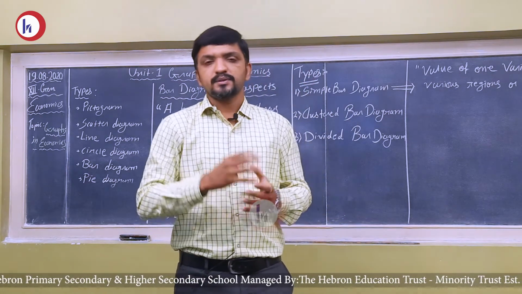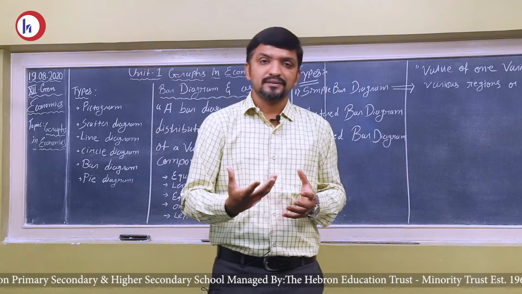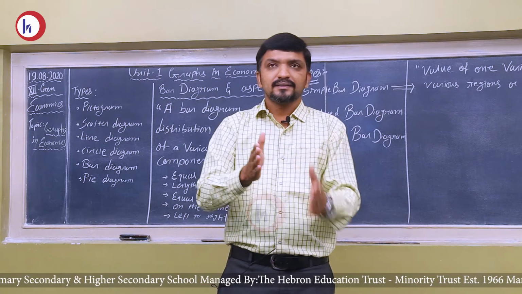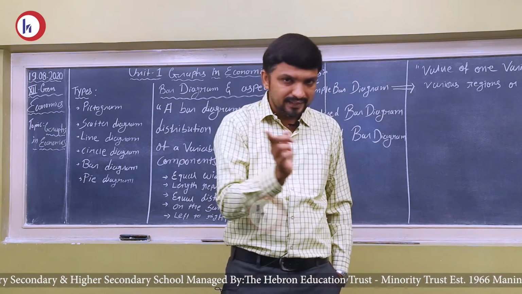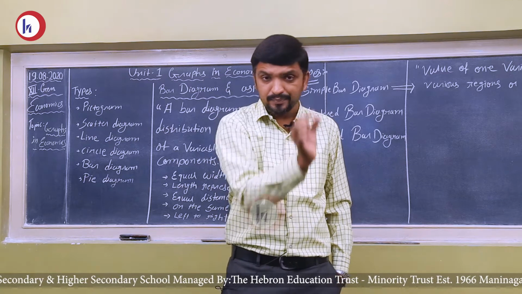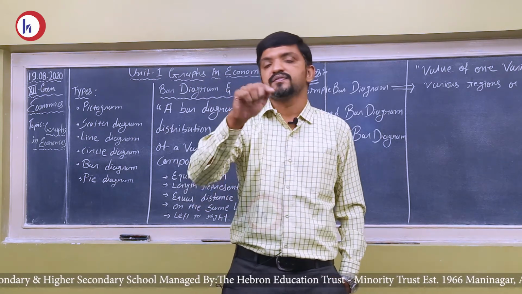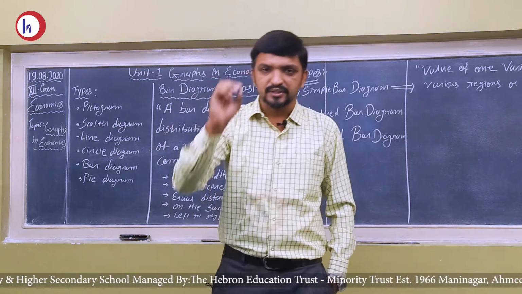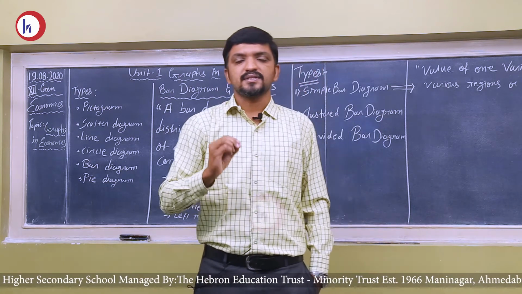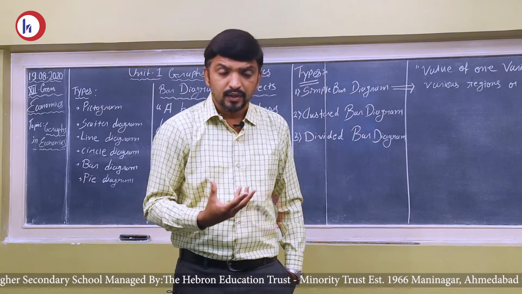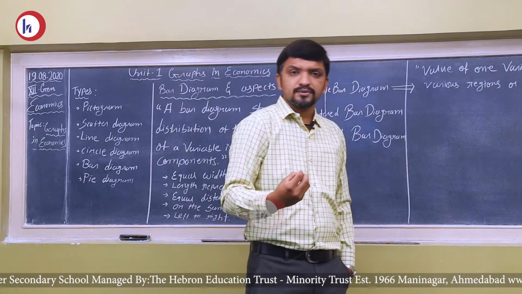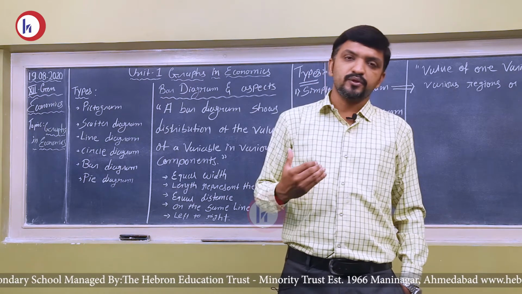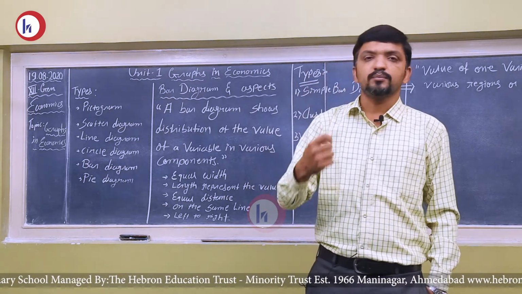When I say bar, a clear image must be constructed in your mind that there is a y-axis, there is an x-axis, and bars are placed on the x-axis presenting different values. This can be the image created in your mind when someone says I am talking about a bar diagram. But a general description and a finite meaning are both different. So today we are going to see the finite meaning of bar diagram.